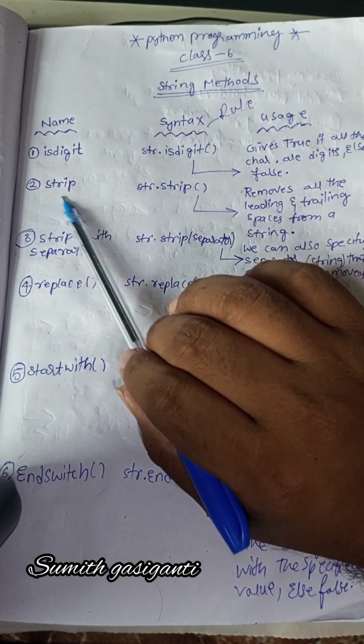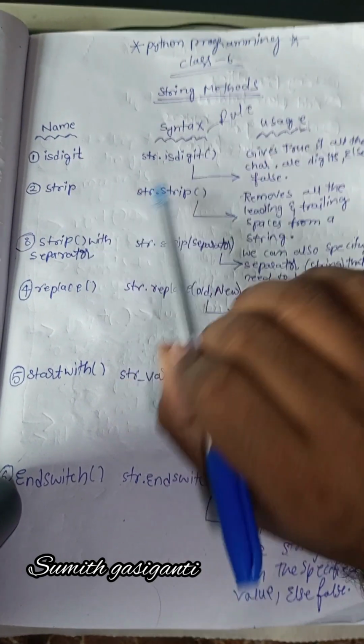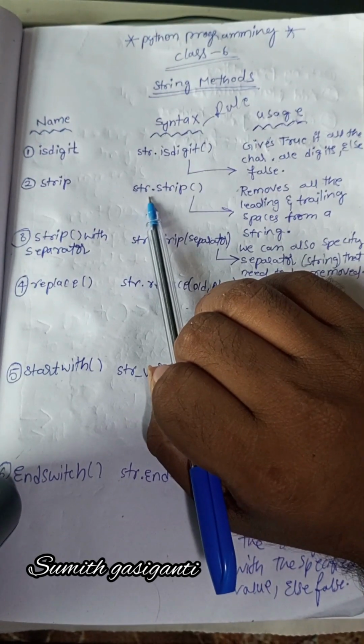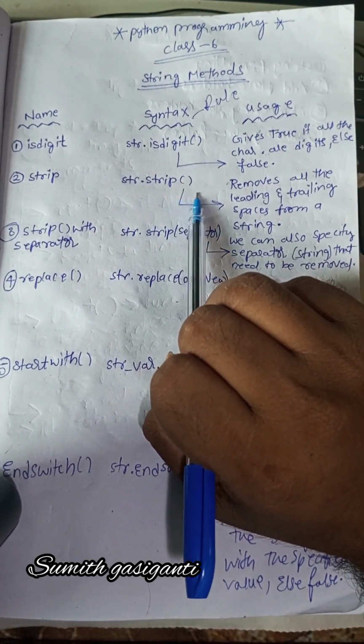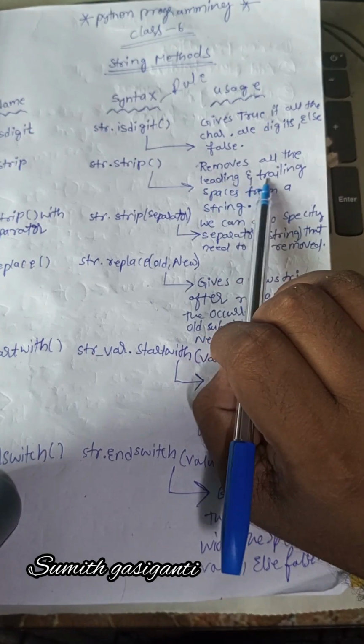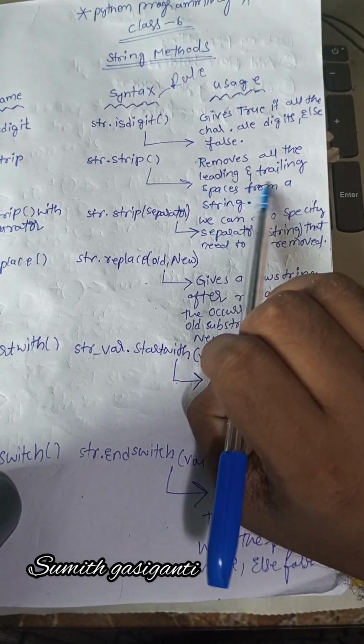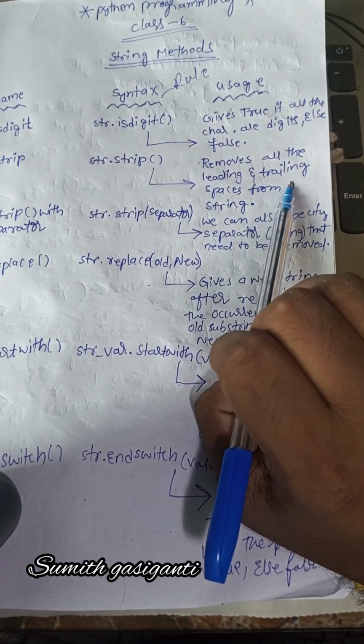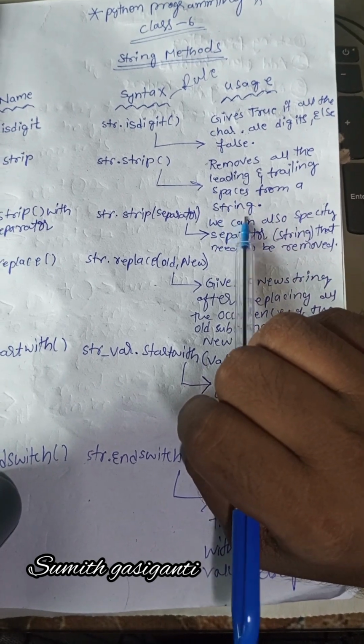The next one is strip, and the syntax is str.strip(). The usage is removing all the leading and trailing spaces from a string.